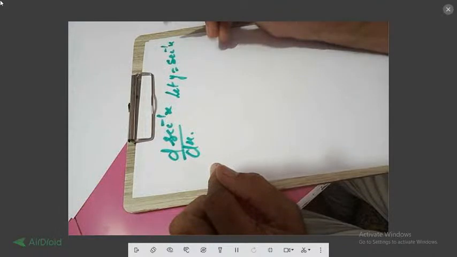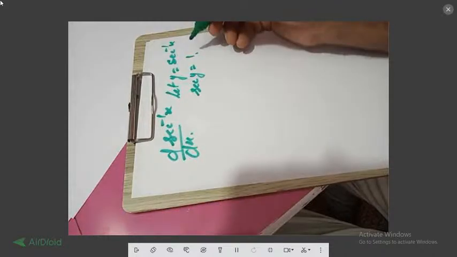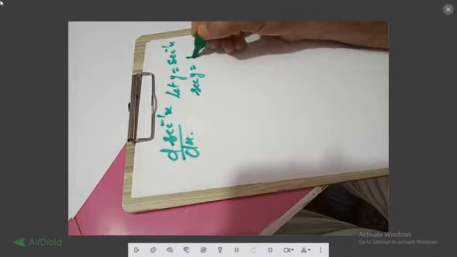Secant y is equal to x, and differentiate this equation with respect to x.